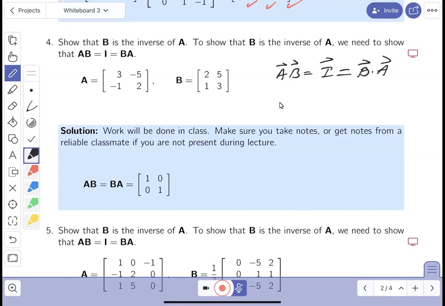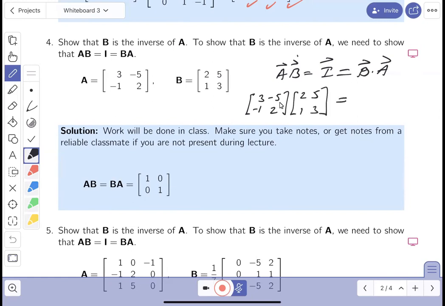So I'm looking at it, and certainly I'm going to do the multiplication for you, but I'll write it down for you. I'll put AB down first, and that's going to be 3, minus 5, minus 1, 2. And what's B? 2, 5, 1, 3.